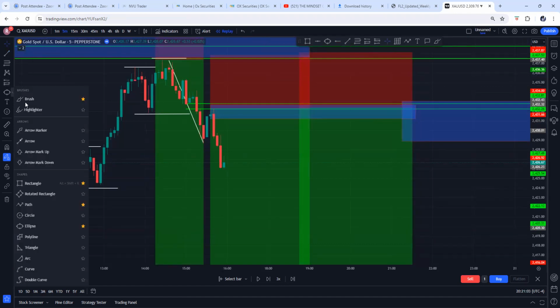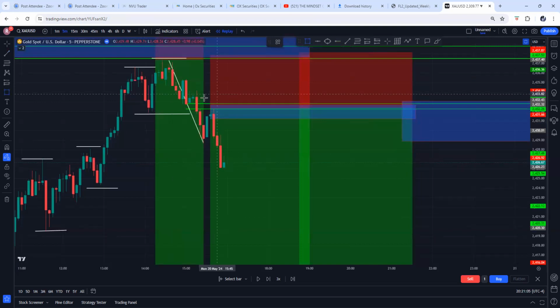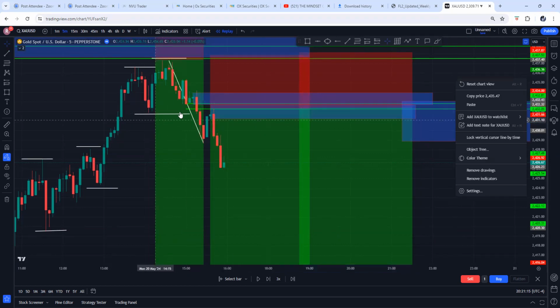We got the order block right here. Look, bam. So we're looking for entries in that same area. Same thing, smaller time frame perspective.